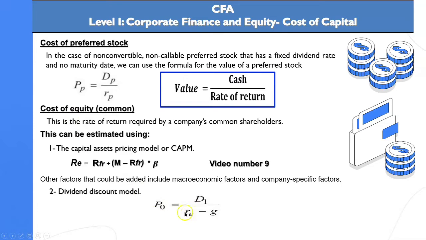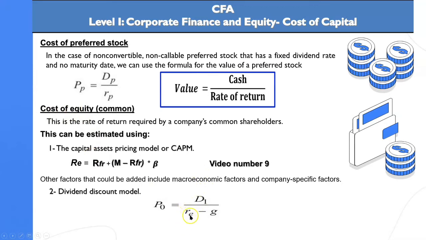Let us assume we know that the market price of the shares today is $10. It pays a dividend of $1 every year. That is $1 dividend, divided by R, which I'm looking for. I don't know R of equity, that is the required rate of return of equity, RE.